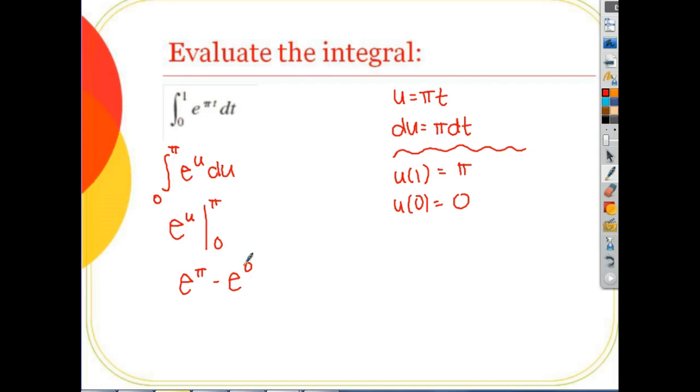What is e to the 0? 1. Yep. What do I have over here, though, that I didn't account for? The pi.